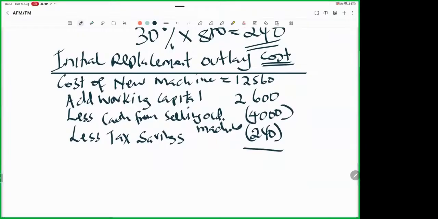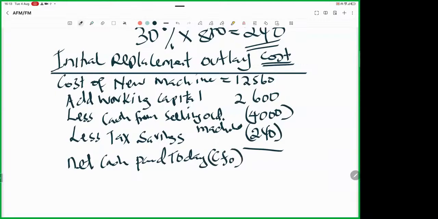So then, are you able to come in here and give me the net cash paid today? When we say today, it means, ladies and gentlemen, that this is cash flow at time zero. When I'll be getting the NPV, I'll be able to subtract this without discounting whatsoever.